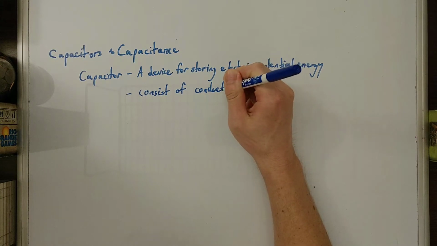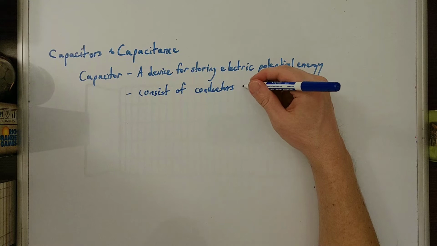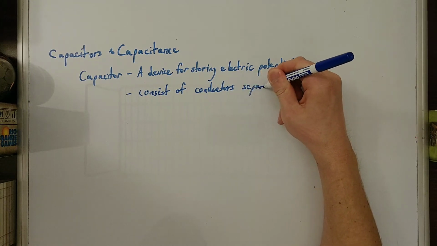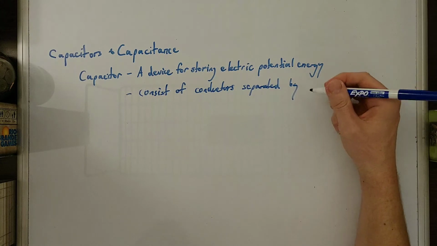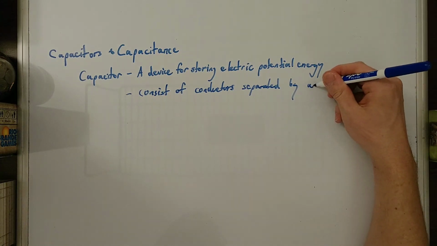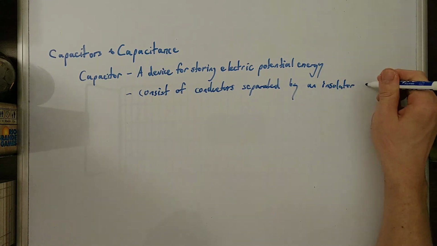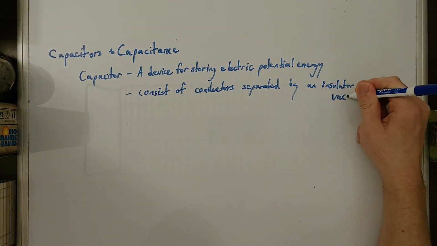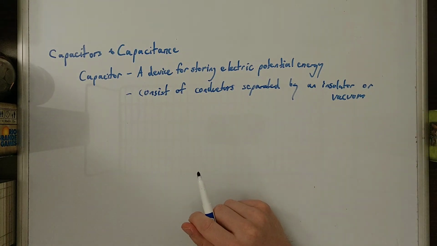And what we're going to want to do is we're going to take those conductors and separate them by an insulator or by a vacuum. So we'll say that a capacitor consists of a couple of conductors separated by an insulator or vacuum.